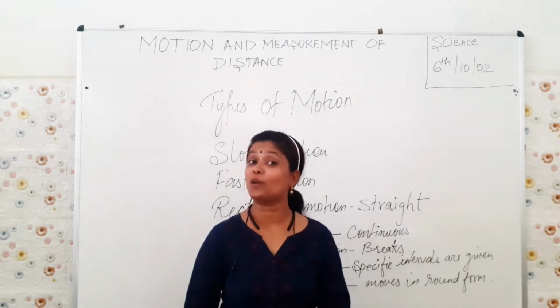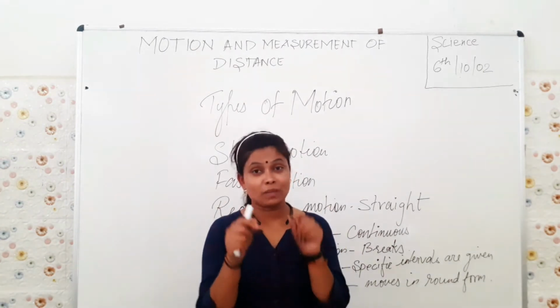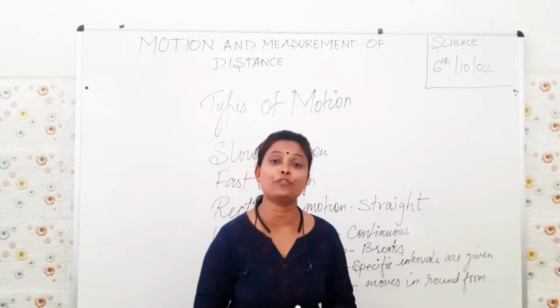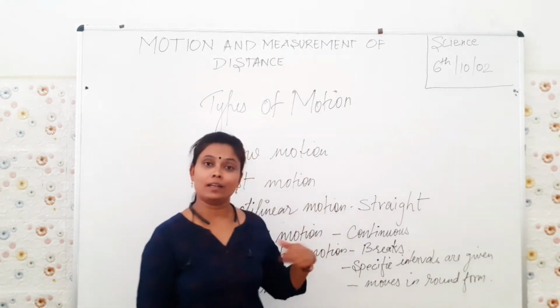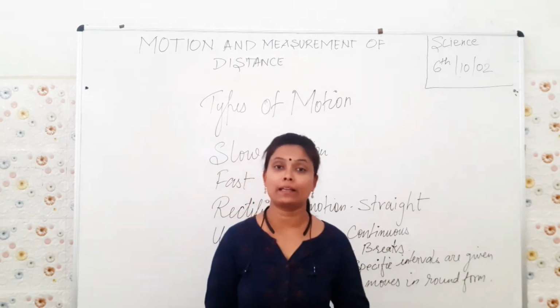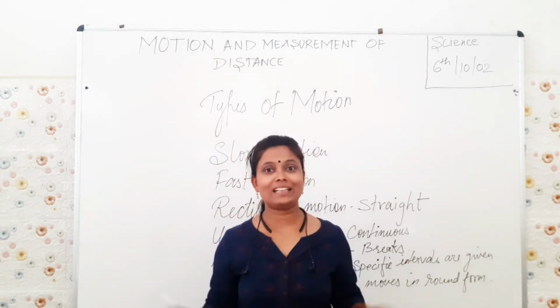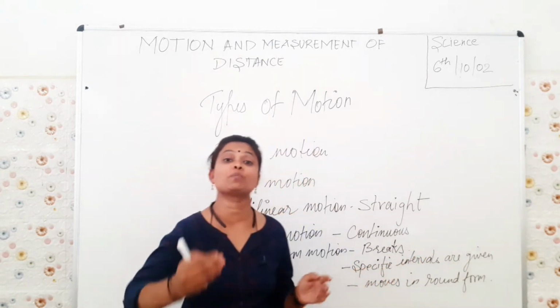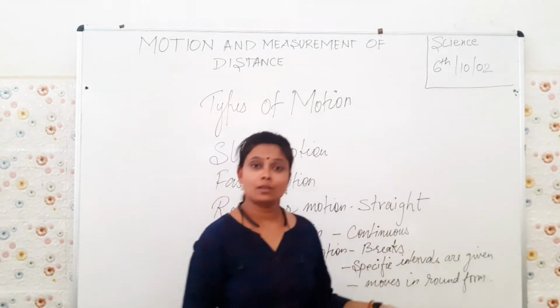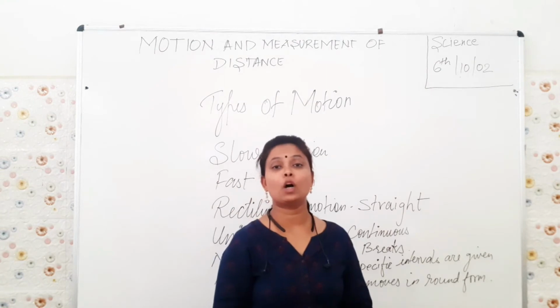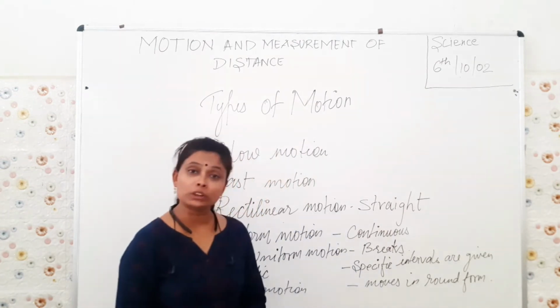It can be both, but right now why is it not uniform? Because sometimes I stop, I start writing, and again I start speaking. I am not doing it in continuity. I break my continuity and change to another. So it can be an example of non-uniform motion.